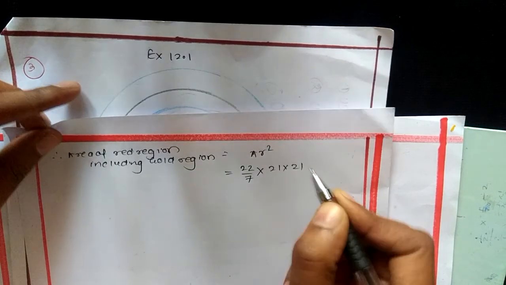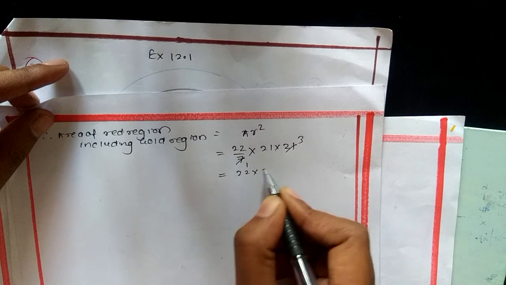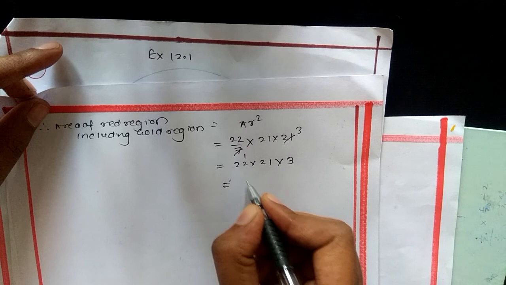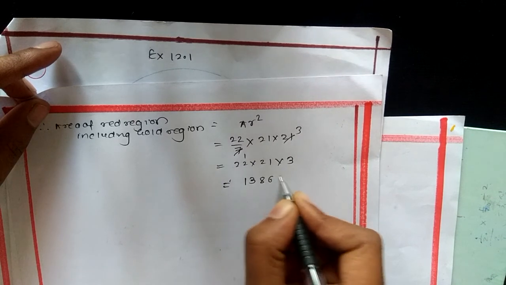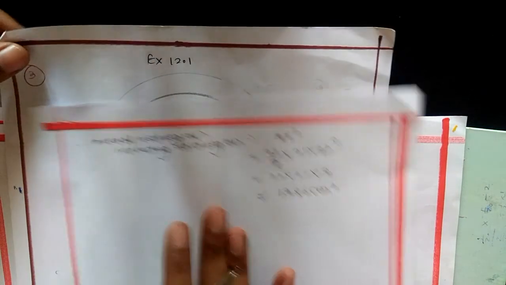So 22 by 7 into 21 into 21. 7 ones are 7, 7 threes are 21, so 22 into 21 into 3. If we calculate all these, we get 1386 centimeter square.